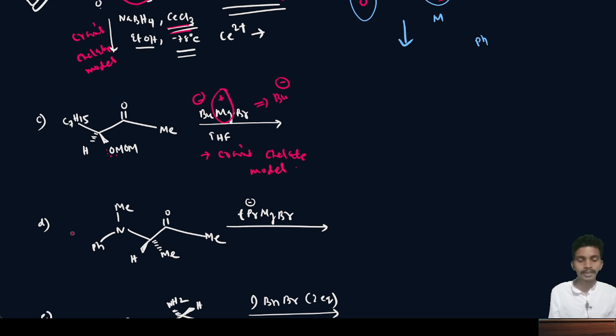What the model says is that this group has to be syn to this carbonyl group. For that, what will we do? First make this. This is Me and this is Me and this is C7H15.